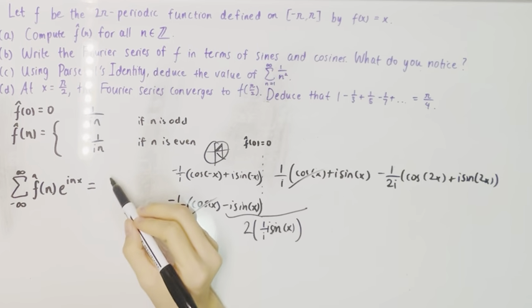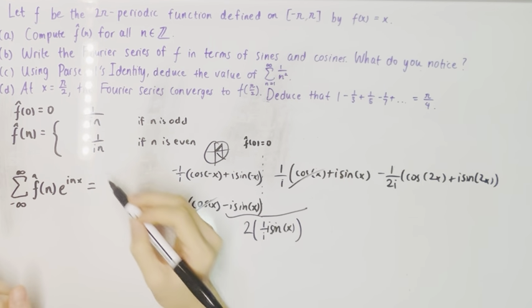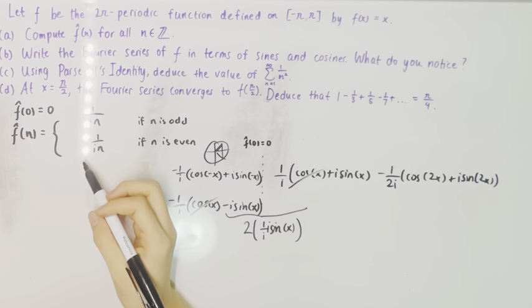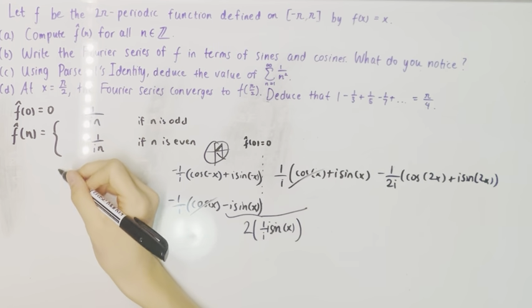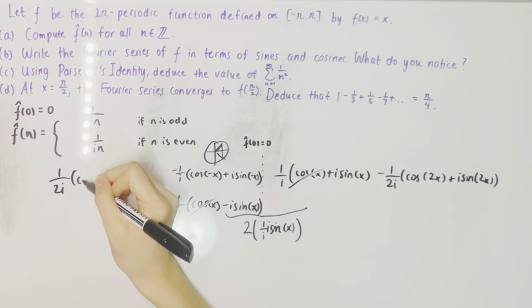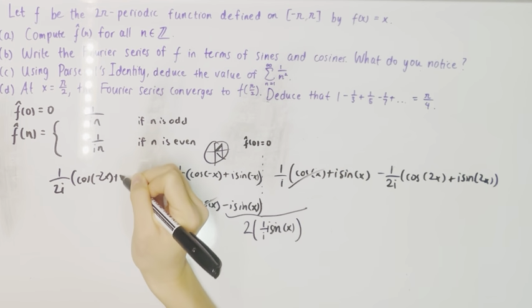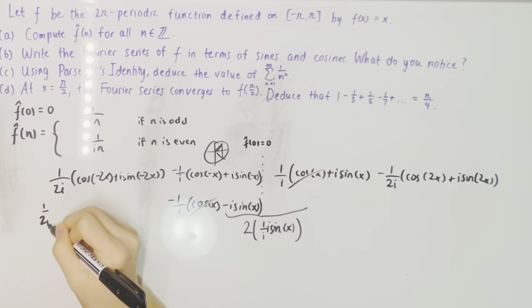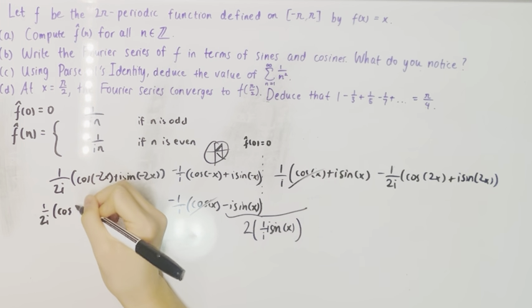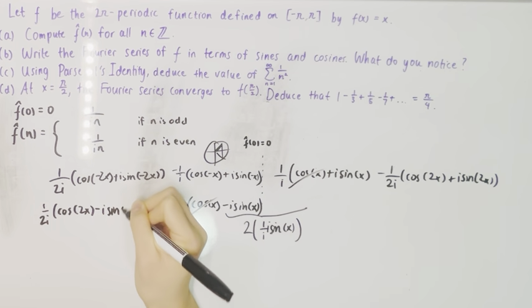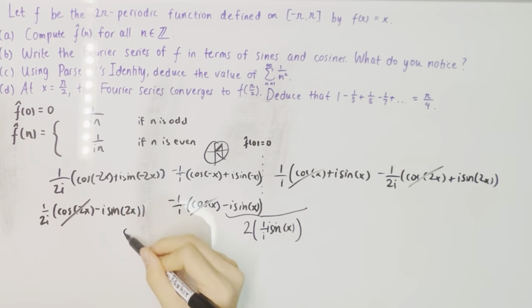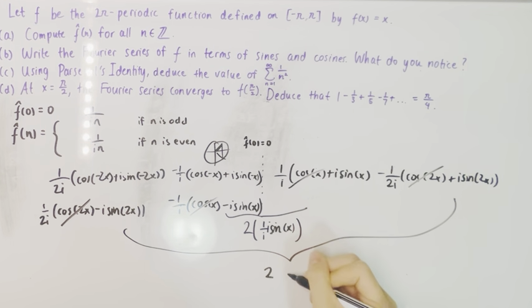And then similarly, we will have negative 1 over negative 2i, which is just going to be positive 1 over 2i, times cosine negative 2x plus i sine negative 2x, which is then just equal to 1 over 2i times cosine 2x minus i sine 2x.